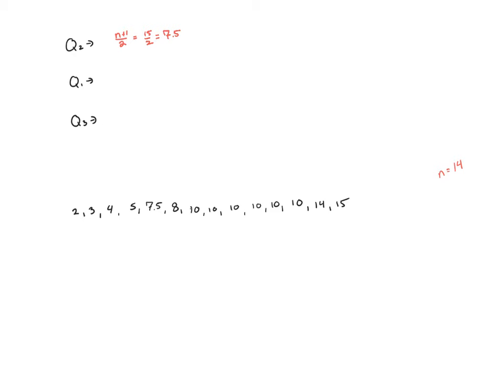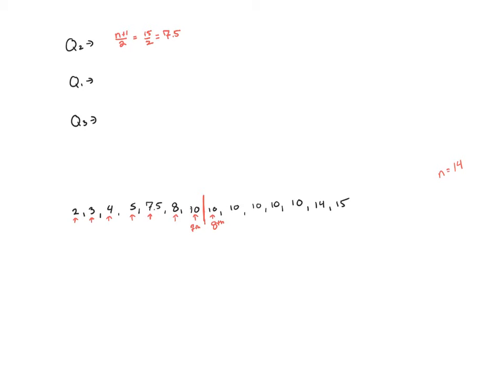This is unfortunate because there is not a 7.5th number. That is, if I count in, I have my first number, second, third, fourth, fifth, sixth, seventh, and then I go to the 8th number. There's no 7.5th number. What this tells me is my median is directly in between my 7th and my 8th number.